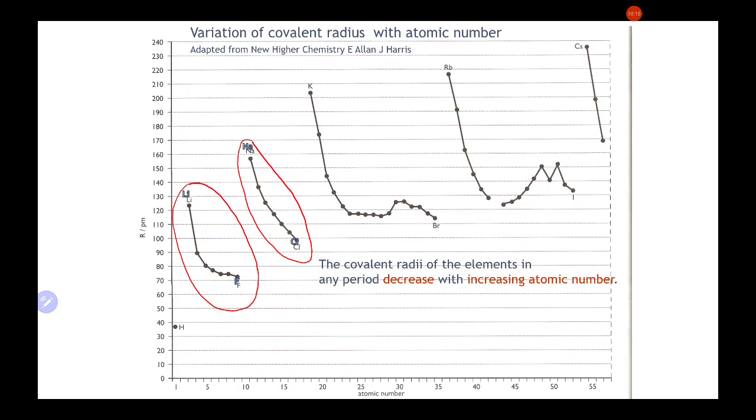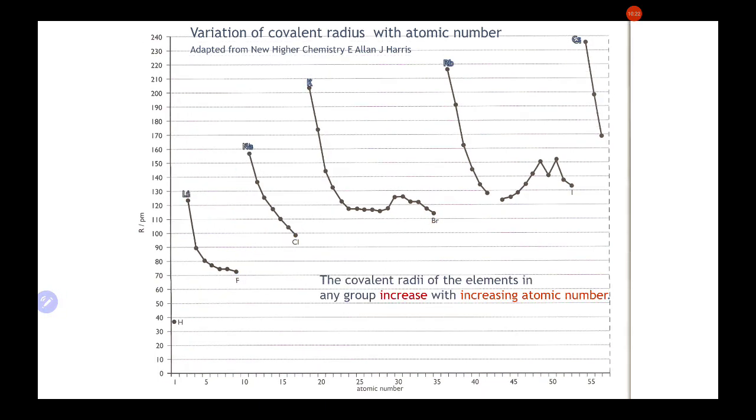We'll look at the same graph. This time we'll look at the group. If we're going from lithium down group 1 to sodium, next in group 1 is potassium, then rubidium, and then cesium. Again, this is just pure evidence that shows us how we know this.